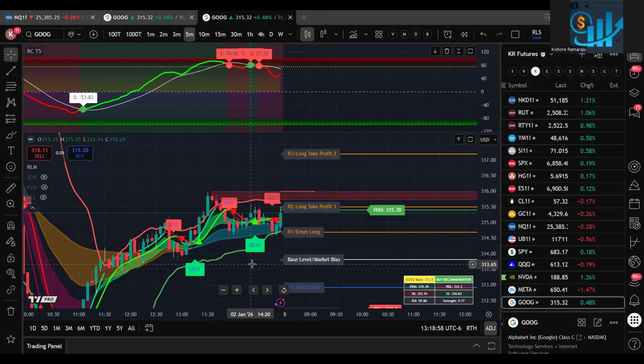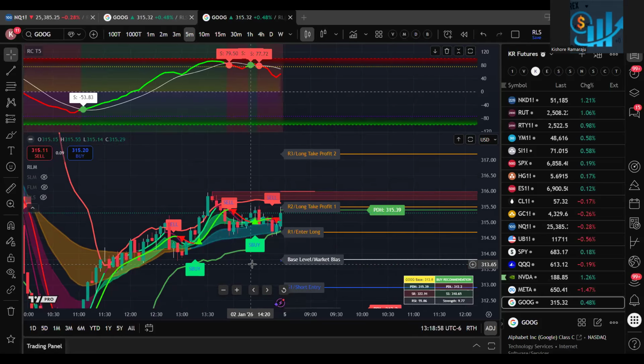If it is at R1 or S1, opening at the base level, then you have to wait until it breaks R1 to go long, or wait until it breaks S1 to go short. But if it is already at R7, R8, you watch for the shorts. If it is at S7, S8, you watch for the long positions. So that is one key logic you all need to understand to use RLM, SLM, FLM.